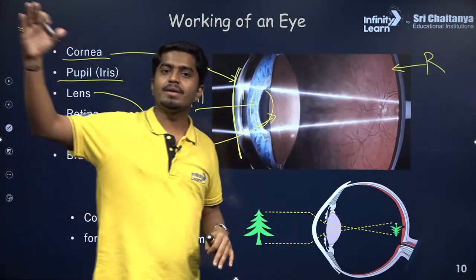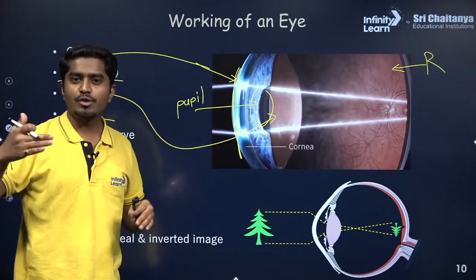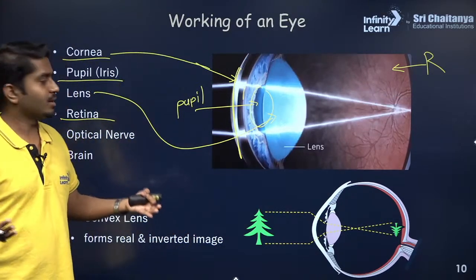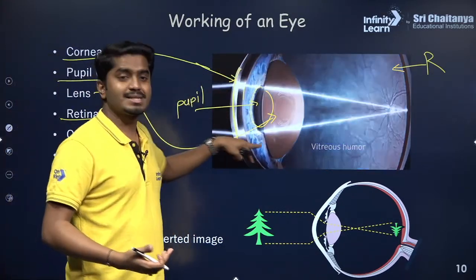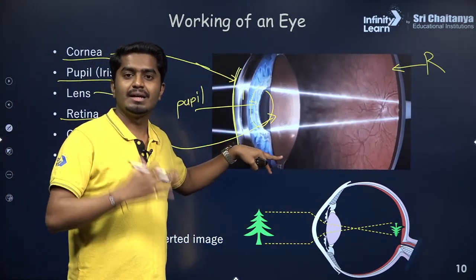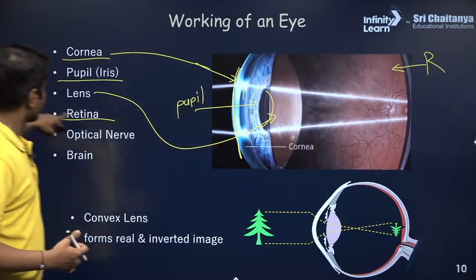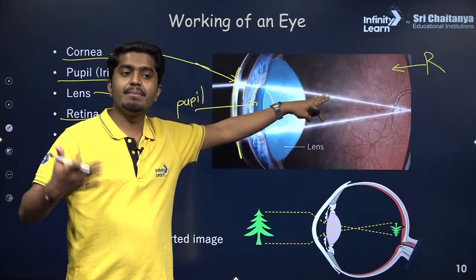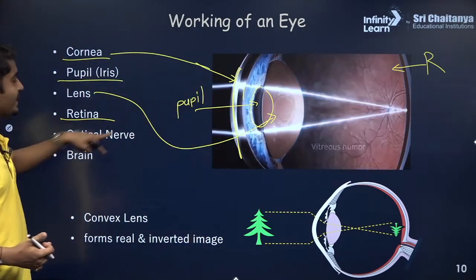So light can be coming from a distant object or from an object which is nearby, for example your mobile phone or book. That focusing of the different light is done by the lens. Then we have the retina, which is just like a screen on which the image is formed. Then the optical nerve.